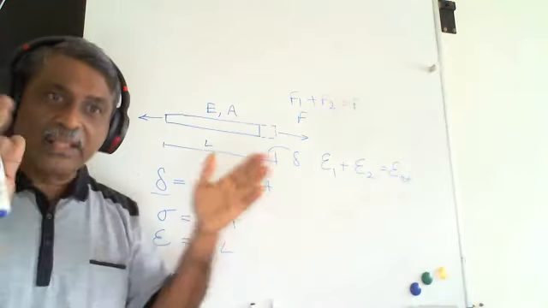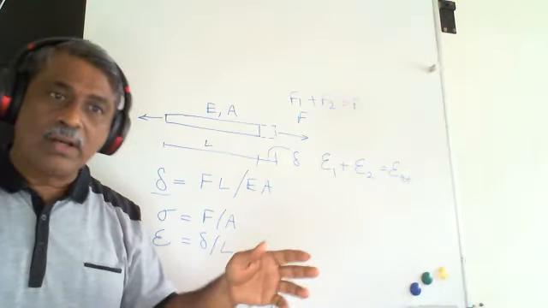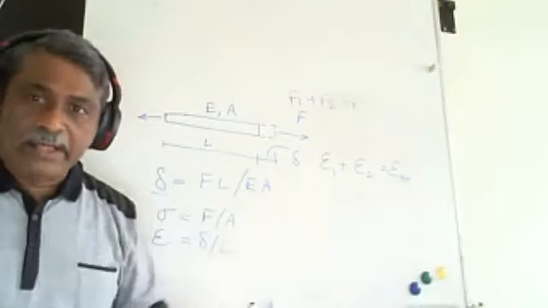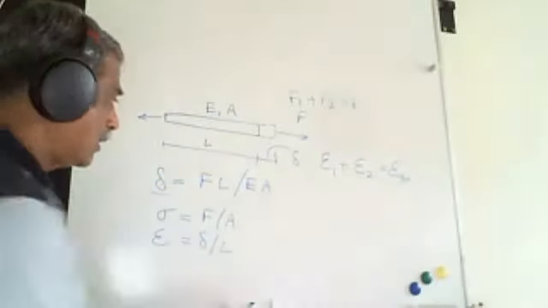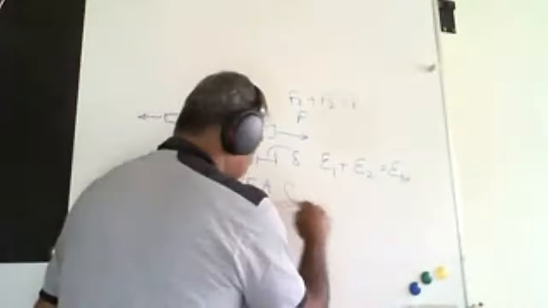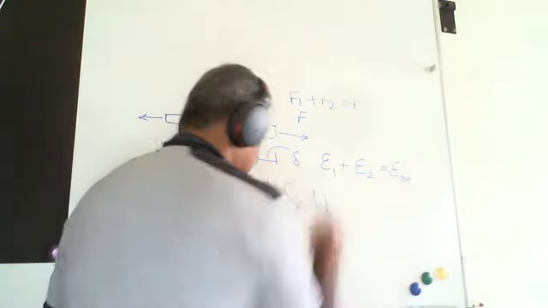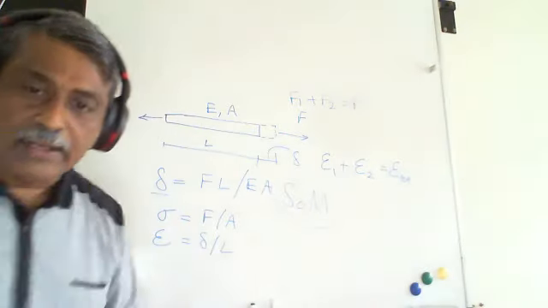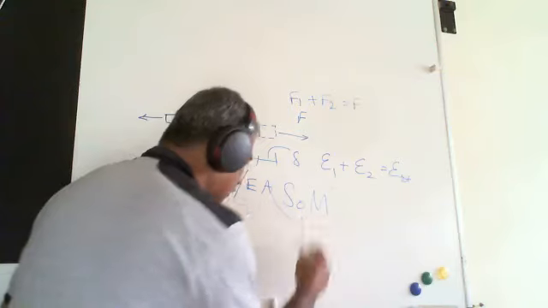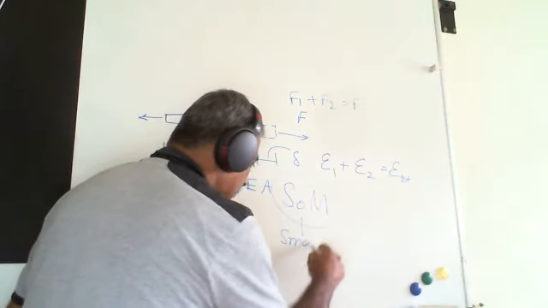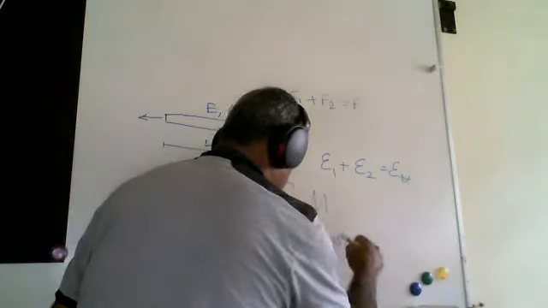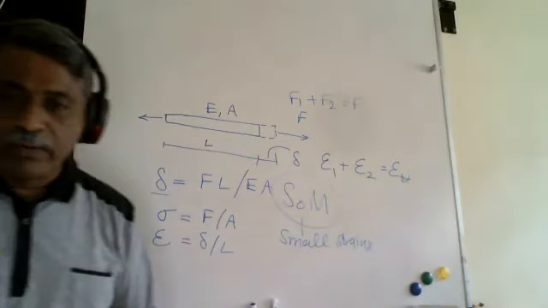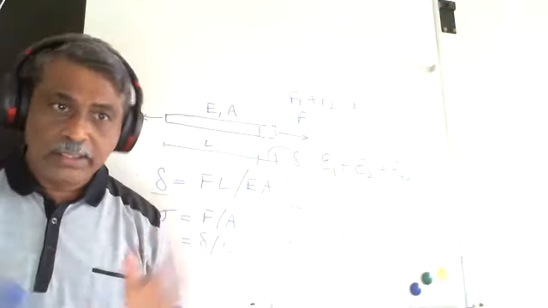So if it is 100 to 101 and 102, for all practical purposes, it's the same. So that's why in this strength of materials class, unless I tell you otherwise, we will only be dealing with small strains. So far, okay? Is this clear?